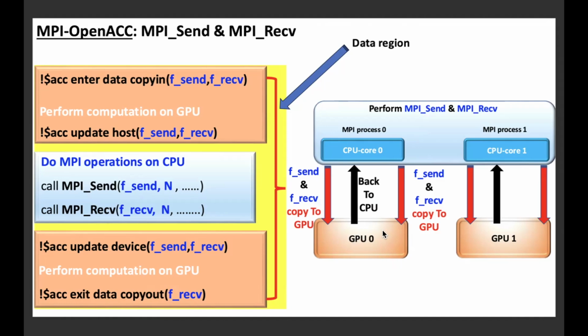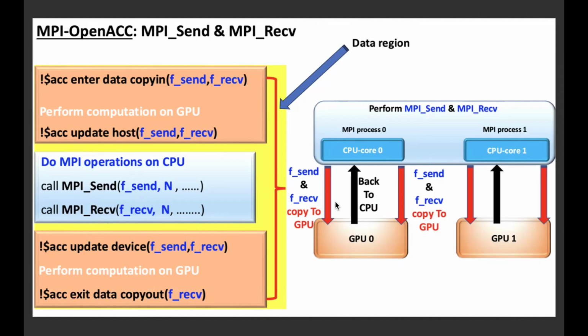Anyway, we copy the data to the GPU, and this is done by this directive. So now, once again, you are on the GPU where you want to do some computation. When the computation is done and the compiler encounters this function, the data will be copied back to the CPU, and then everything is deleted from the GPU.